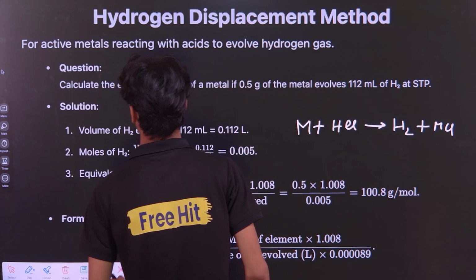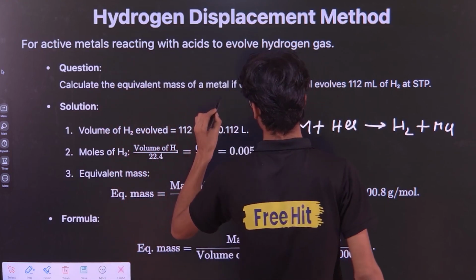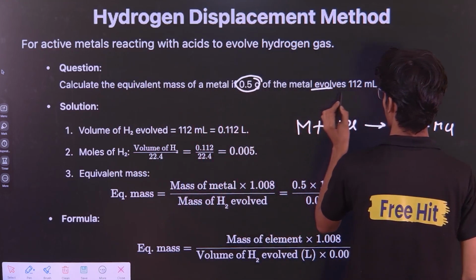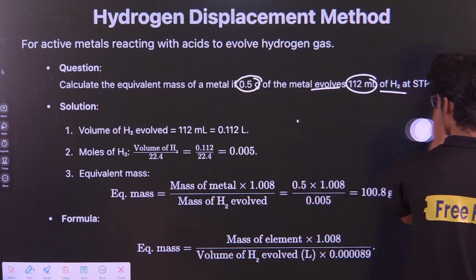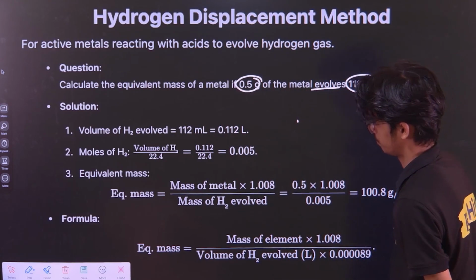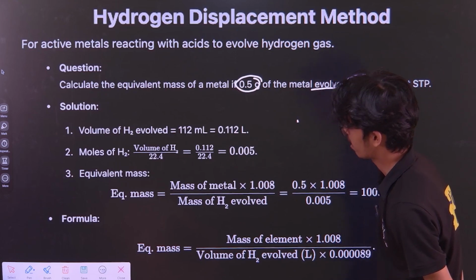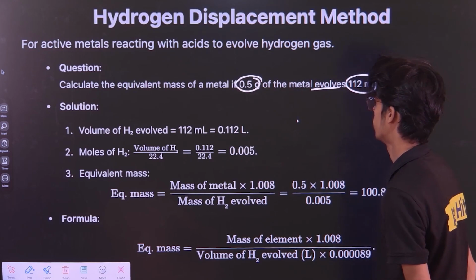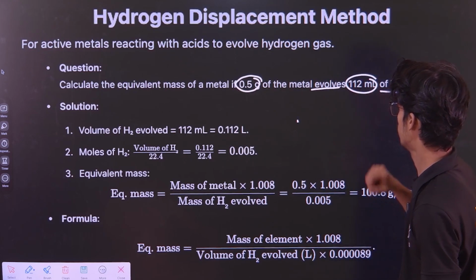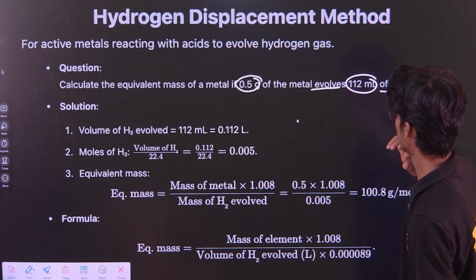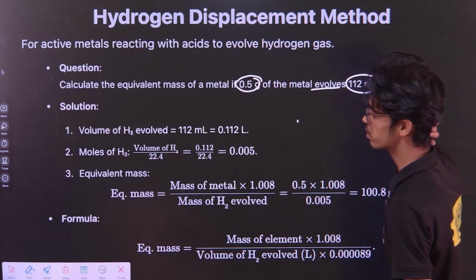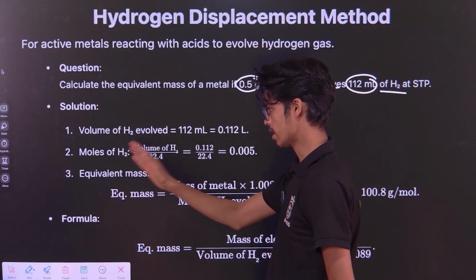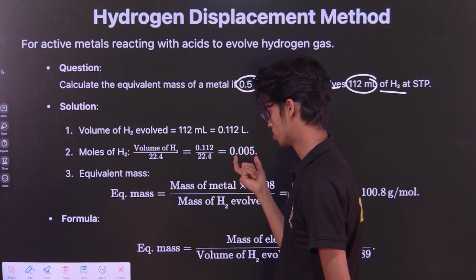Now the question might look like: calculate the equivalent mass of metal if 0.5 gram of the metal evolves 112 milliliter of hydrogen. If I want to know the mass of hydrogen, first of all I have to convert this into liters and find the number of moles of hydrogen, which is 0.005.